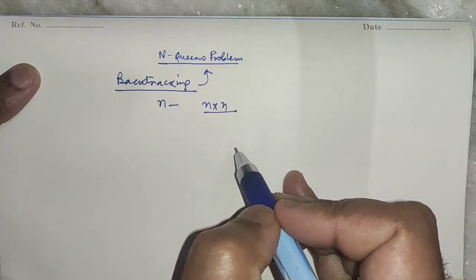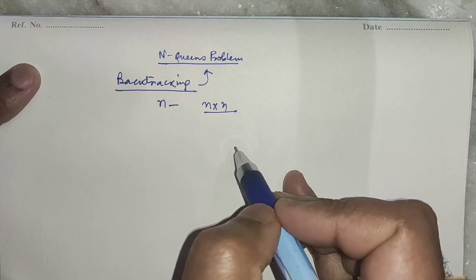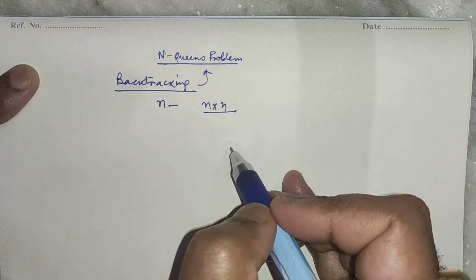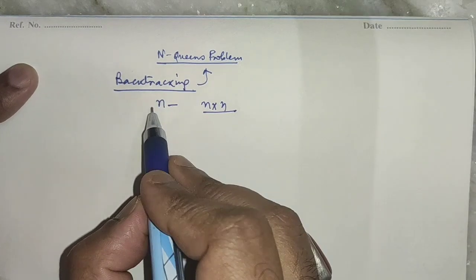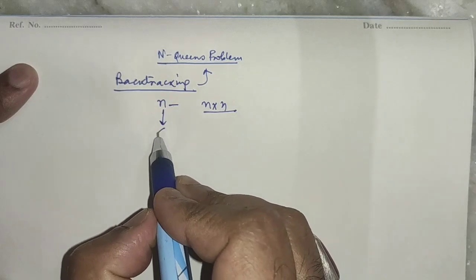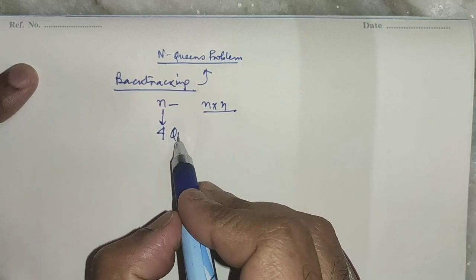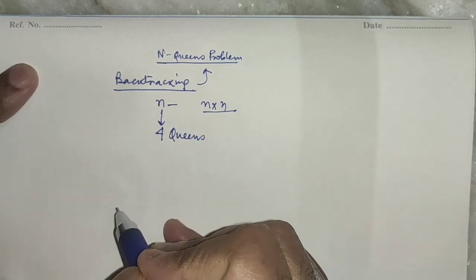That is, no two of them share the same row, same column or diagonal. For example, if we take n equals 4, it is a 4 queens problem.